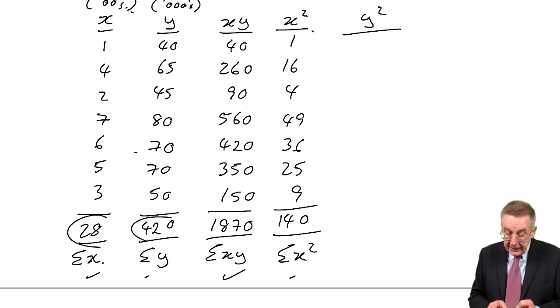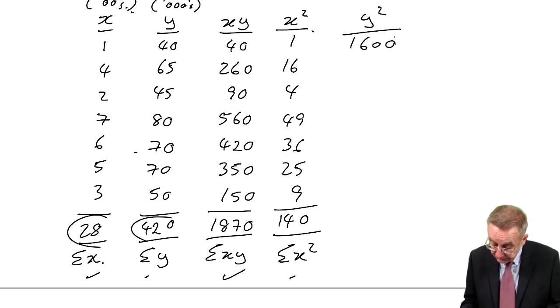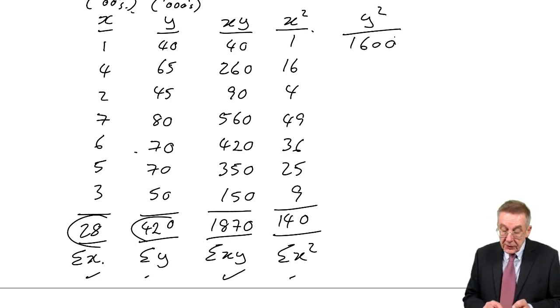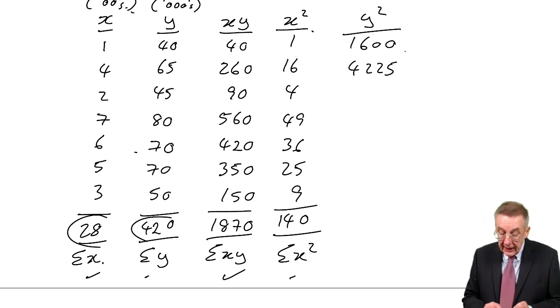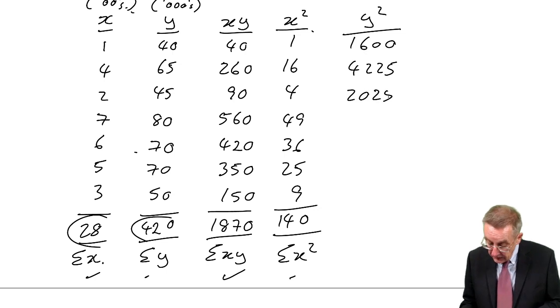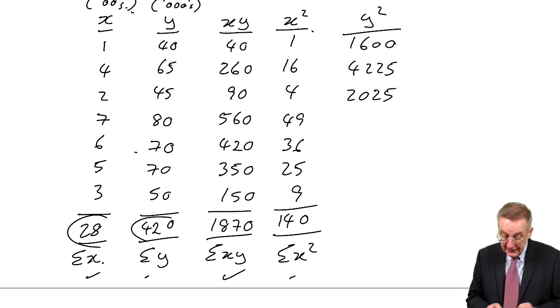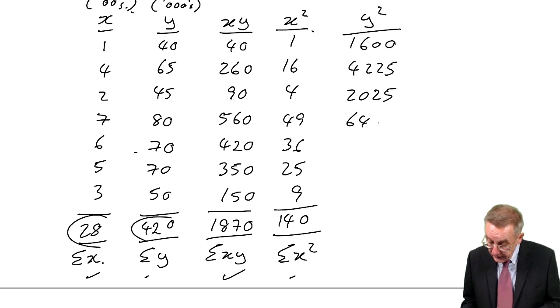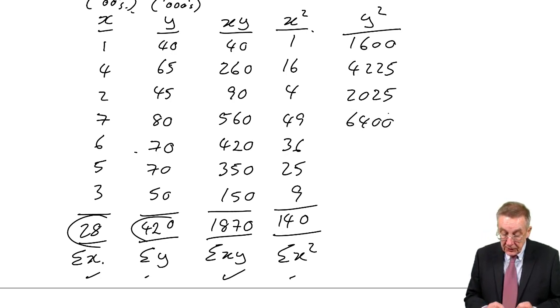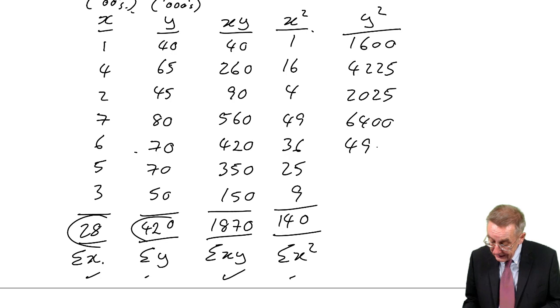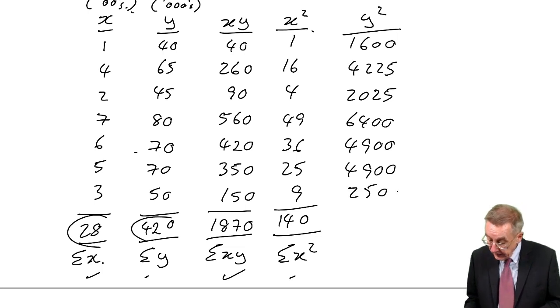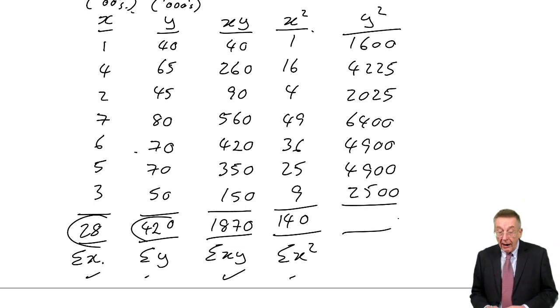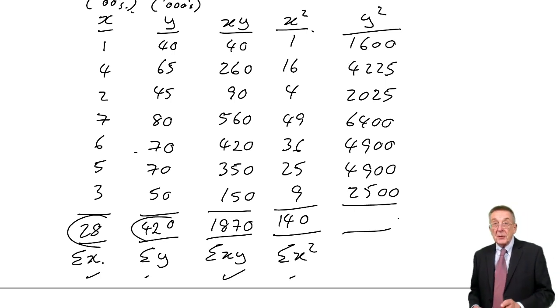So 40 squared is 1600. 65 squared, 4225. 45 squared, 2025. 80 squared, 6400. 70 squared, 4900. And again 4900. And finally 50 squared, 2500. Now you can see again why I wrote them all in thousands.